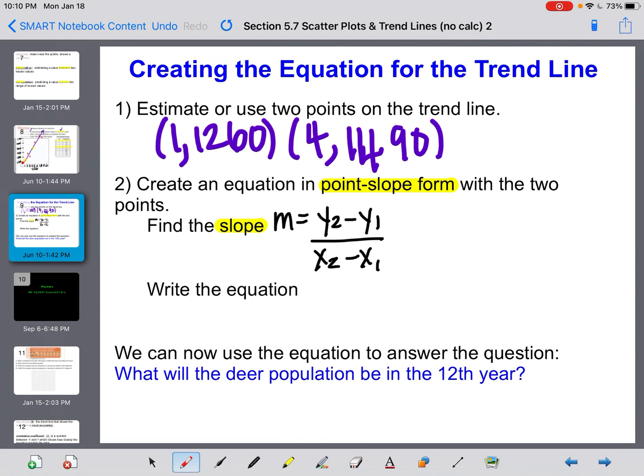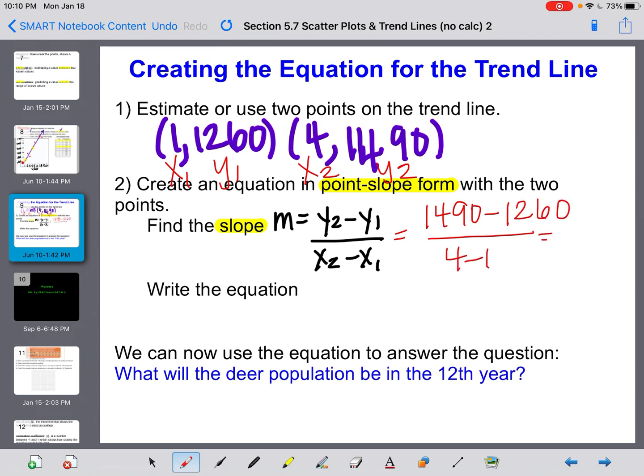I'm going to create an equation in point slope form because now I have 2 points and I can use those to find my slope, which is the first step here. This would be x1, y1, x2, y2. I'm going to use that to find the slope for my equation. So I have 1,490 minus 1,260 over 4 minus 1.